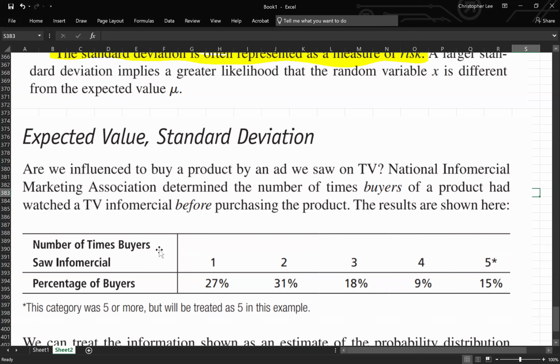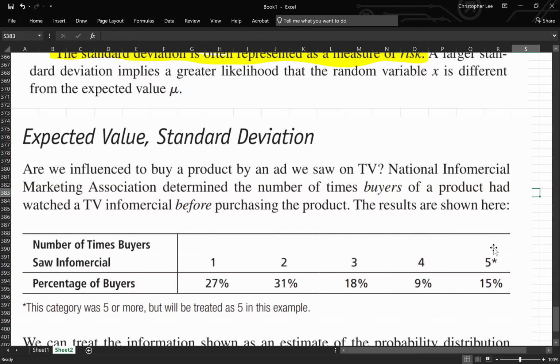So the first row is the number of times buyers saw the infomercial, which is 1, 2, 3, 4, or 5 times. And then the percentage of buyers that actually bought it is on the second row, so you have the 27%, 31%, etc. Special note, the category was 5 or more, but we will treat it as 5 in this example.